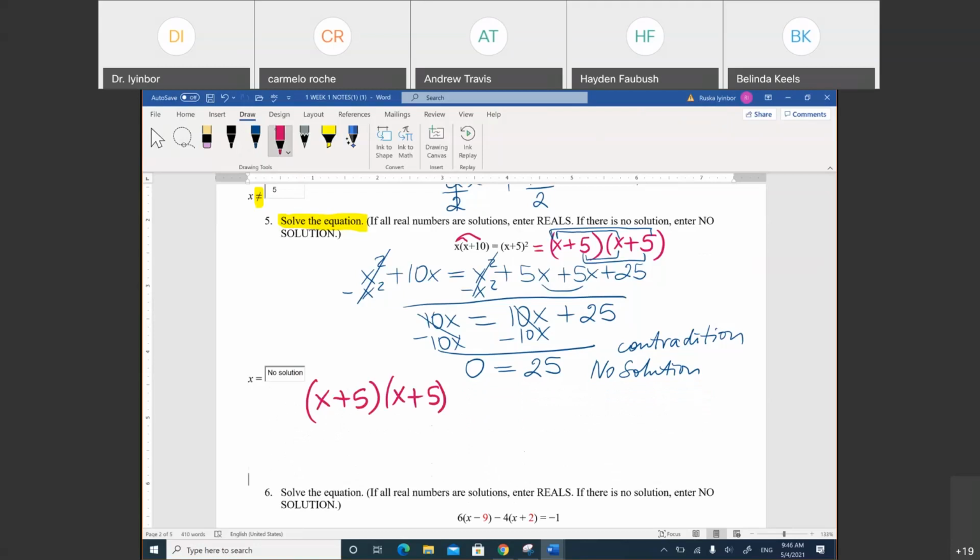You can do it the way I showed you, the first, the outside, the inside, or you can do this: x times everything and 5 times everything. So I'm going to rewrite it: x times x plus 5, so I'm multiplying x times this, and plus 5 times the same, x plus 5. Does that make sense?